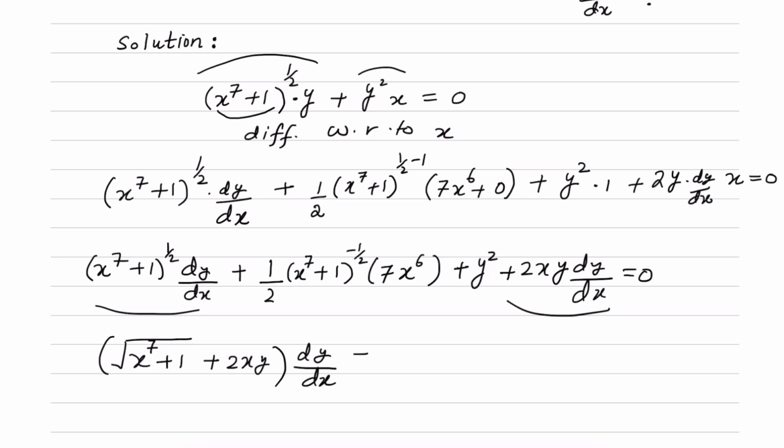The terms that don't have dy by dx in them, we will take them to the other side with the change of sign. So we have minus 7x to the power 6 by 2 (x to the power 7 plus 1) to the whole power minus 1 by 2, minus y squared.